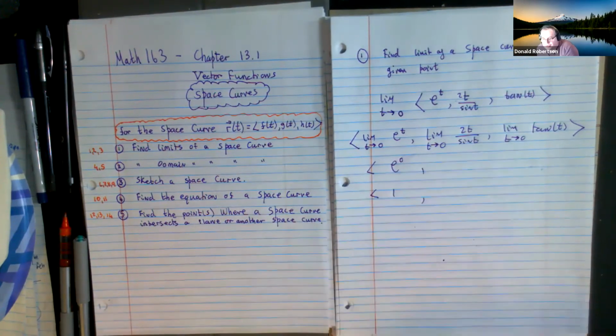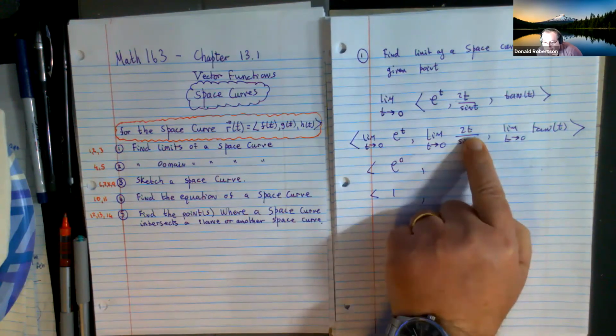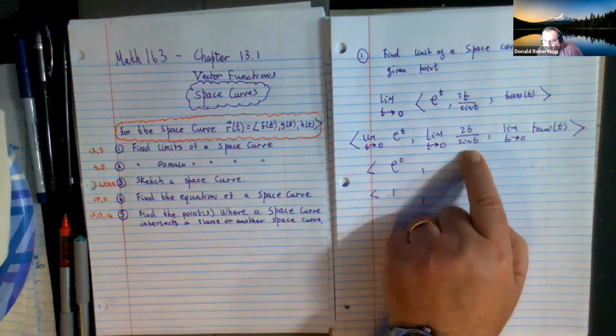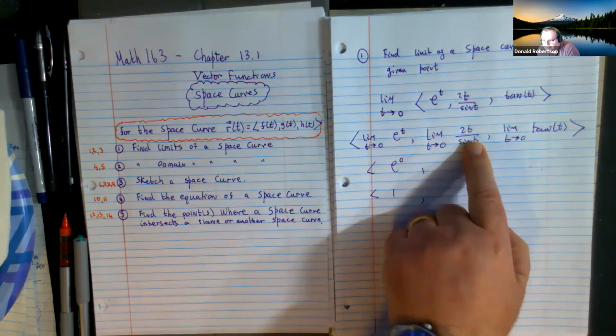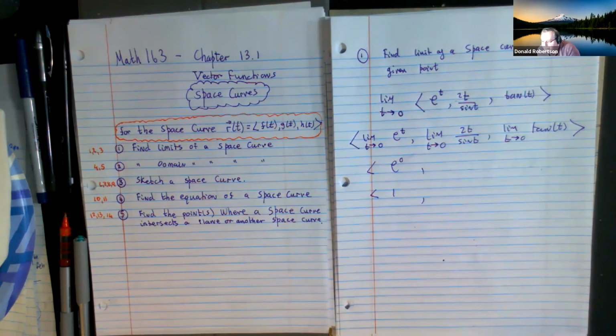Sometimes you have to do L'Hopital's rule. If I plug in 0 here, I get 2 times 0 as 0. And if I plug it in here, I get the sine of 0 as 0. And 0 on the top divided by 0 on the bottom is bad news, because we don't really know what that is. It's another example of what's called an indeterminate form, right? Infinity over infinity was one example, but 0 over 0 is another.